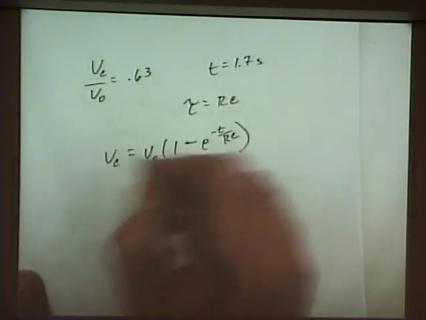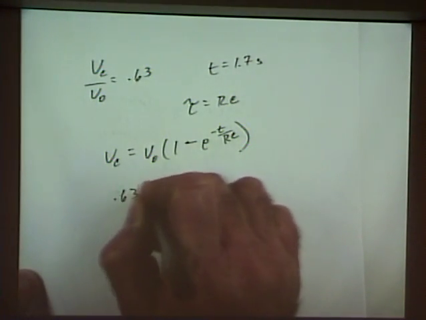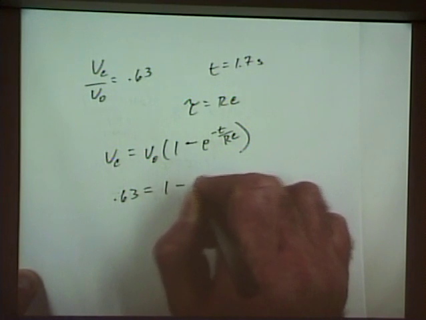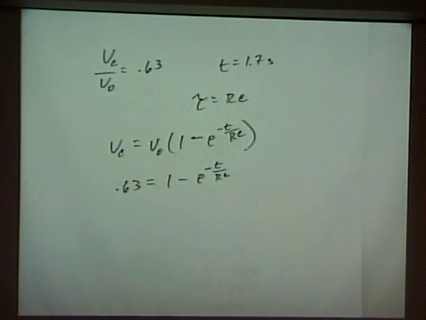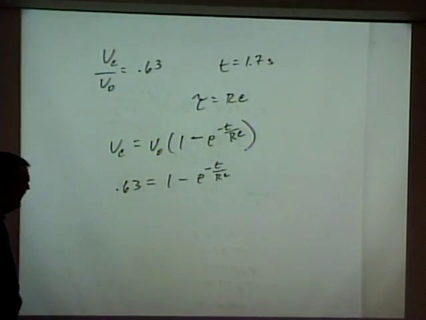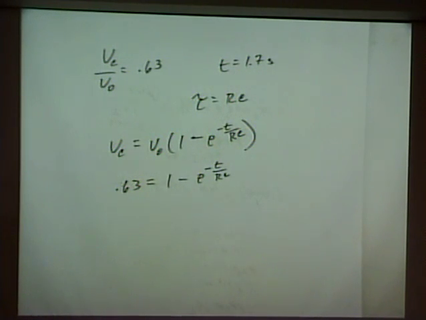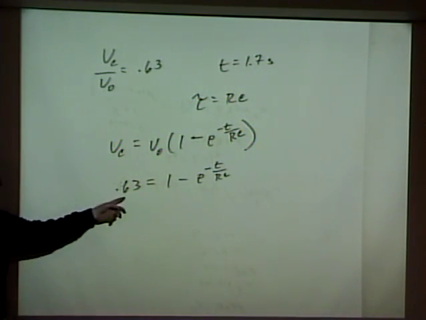All right, so now we've got a tricky problem here. We've got VC over V naught, so 0.63 basically equals 1 minus e to the minus t over RC, which is equal to tau. I keep forgetting to put the tau down there. How do we do these problems? Y'all remember? All right, let's do it this way.